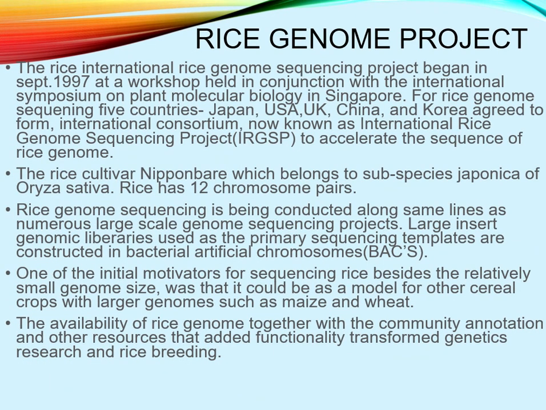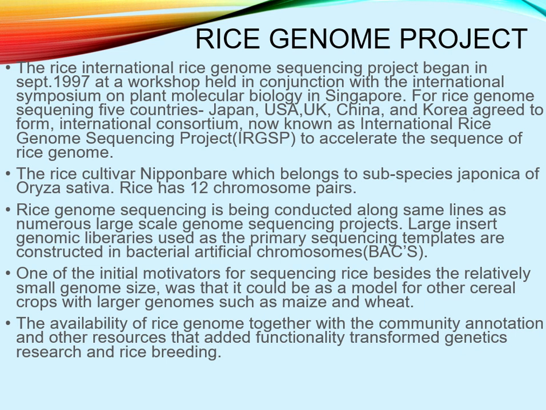Now next is Rice Genome Project. The International Rice Genome Sequencing Project, that is IRGSP, began in September 1997 at a workshop held in conjunction with the International Symposium on Plant Molecular Biology in Singapore.